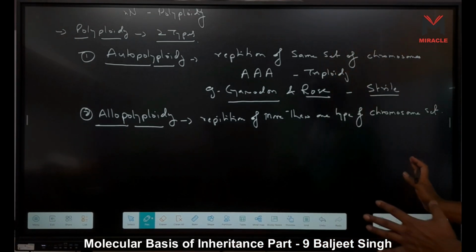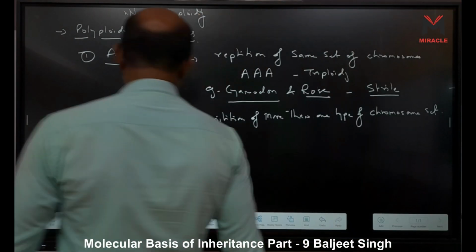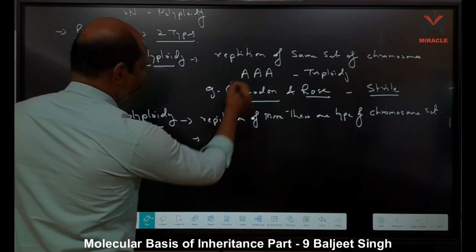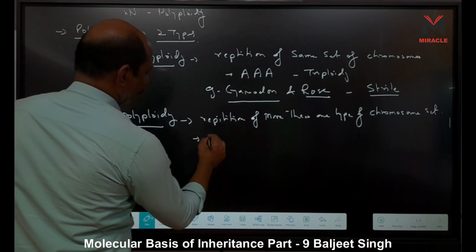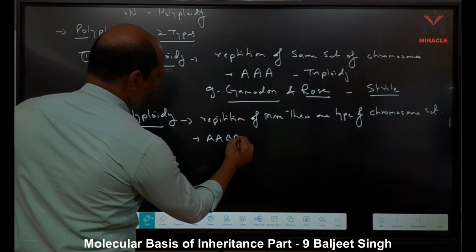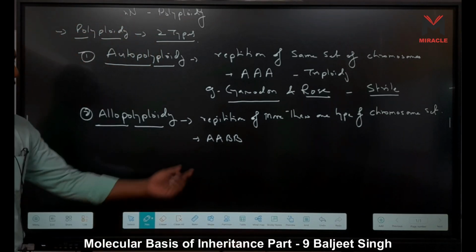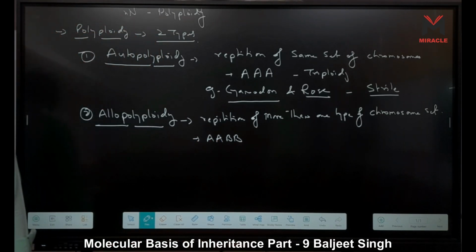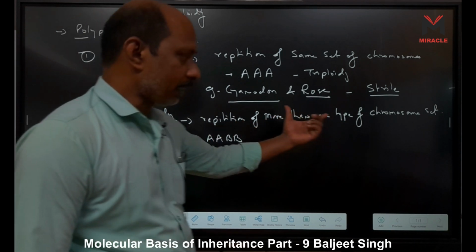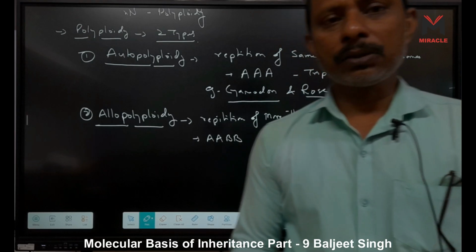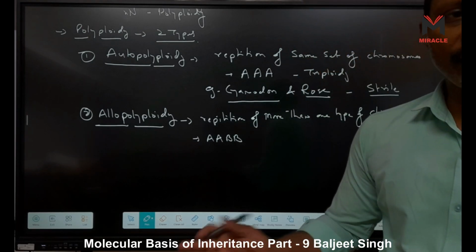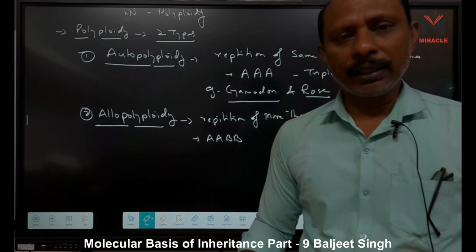More than one type of set is there. This is called allopolyploidy. As for example, here I use A, and here A, B, and so on. Two sets are there and they are repeated. Because there are two different sets, these organisms also come from different species, interspecific or intergeneric.